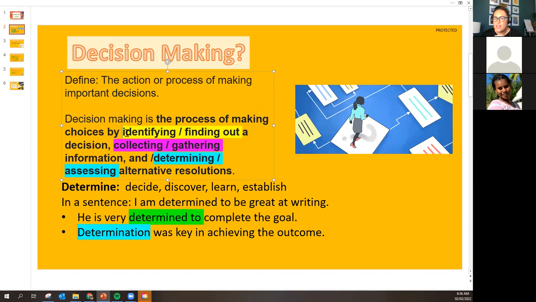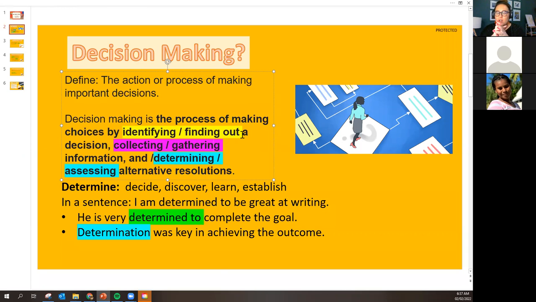So identifying also means finding out. How do we identify something, or how can we find out something? That's another way that you could say it as well. So there are different ways that you can say the word identify.